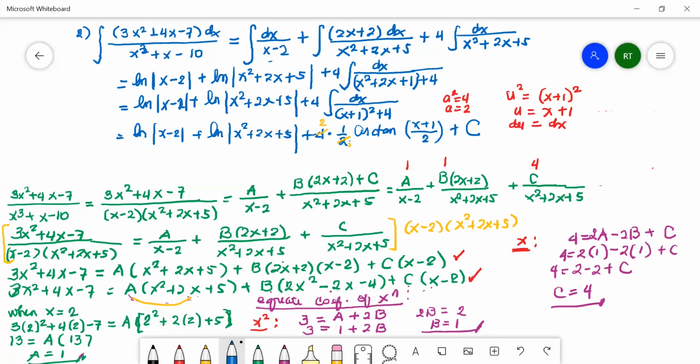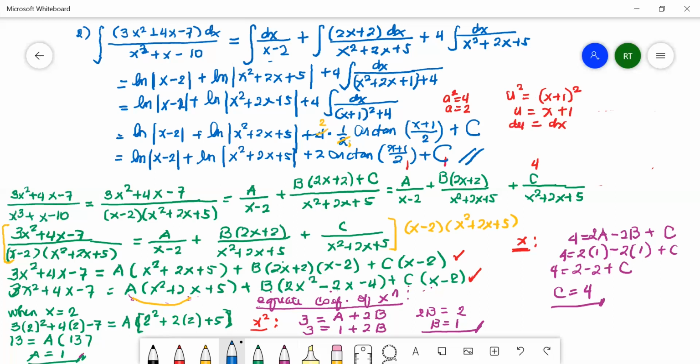Hence, the integral is equal to the natural logarithm of the absolute value of x minus 2 plus the natural logarithm of the absolute value of x squared plus 2x plus 5, okay, then plus 2, okay, 4 times 1 half is 2, arctangent of quantity x plus 1 over 2 plus the constant of integration.